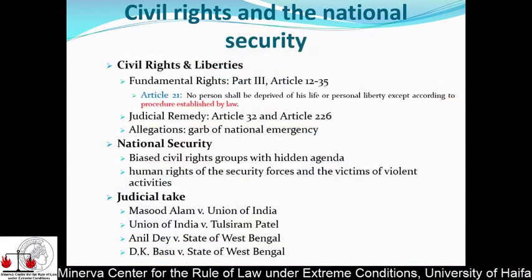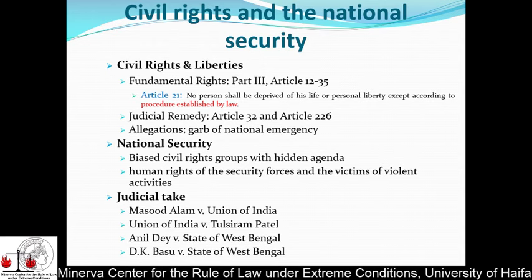The Constitution of India provides civil rights and liberty under its fundamental rights, given in Part 3, Articles 12 to 35. Under these fundamental rights, there is a special article, Article 21. It says, no person shall be deprived of his life or personal liberty except according to the procedure established by law.